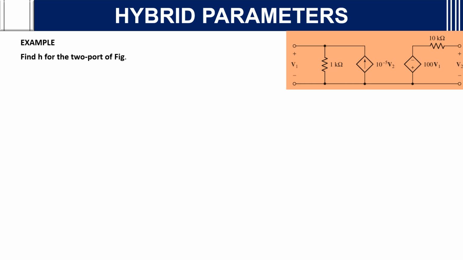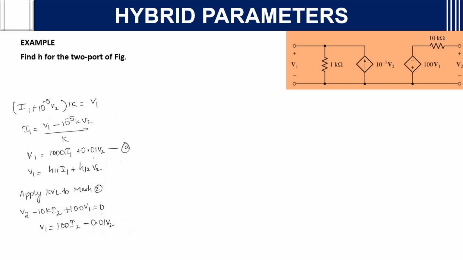Find the H parameters for the 2-port of the figure. Here, how to do? It looks a little bit complex, but it is easy. Initially we calculate the voltage across this resistance. V1 is equal to the voltage across this resistance.